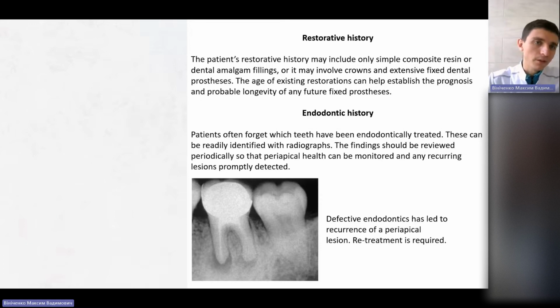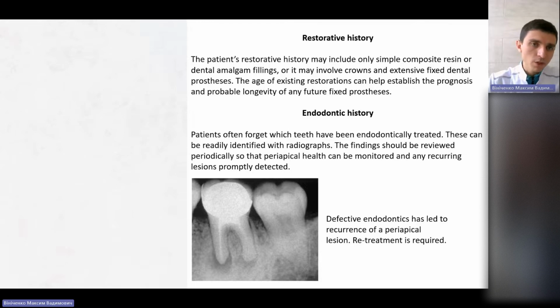Restorative history. The patient's restorative history may include only simple composite resin or dental amalgam fillings, or it may involve crowns and extensive fixed dental prostheses. The age of existing restorations can help establish the prognosis and probable longevity of any future fixed prostheses.